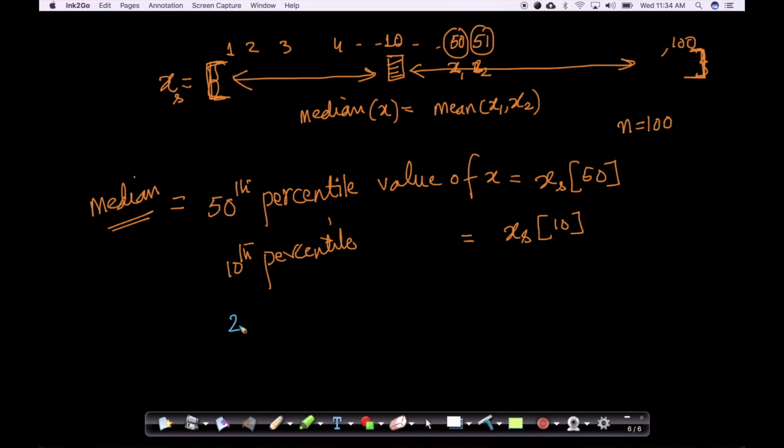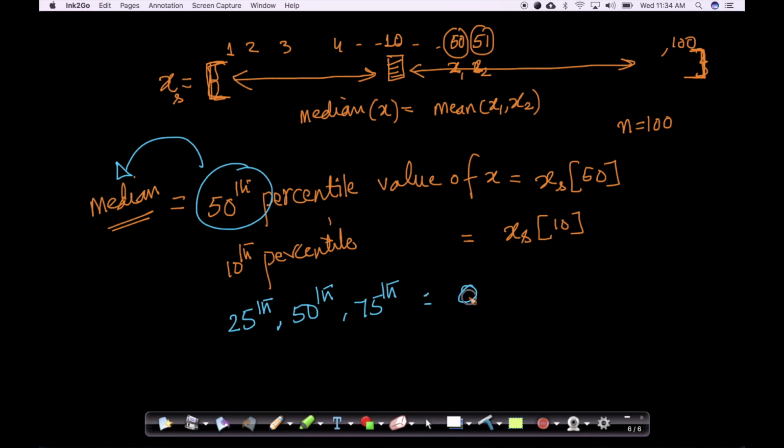So the 50th percentile, we call it a median. The 25th percentile, 50th percentile, and 75th percentile are called quantiles. And the 100th, of course, the 100th percentile. Quantile basically means you're breaking the data into 4 regions.